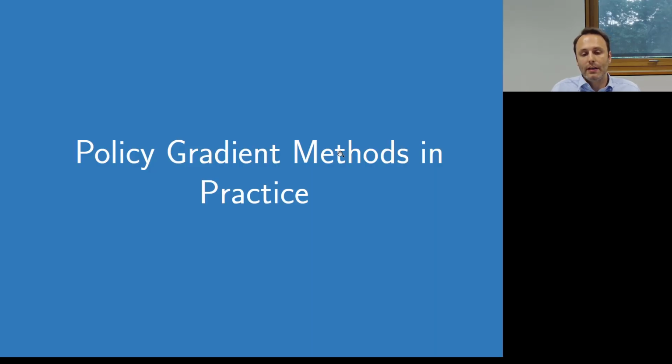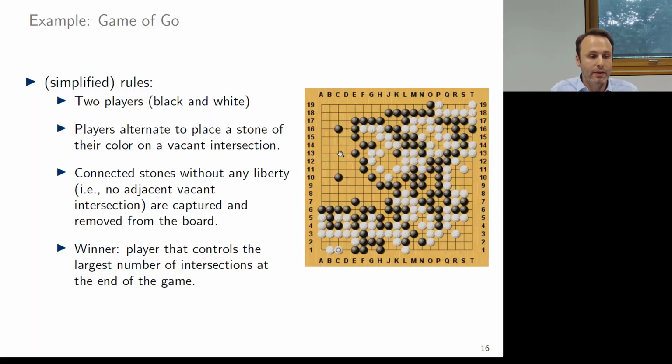Now, policy gradient methods are still heavily used in practice even today, even if it's a quite old method. For example, in the game of Go, the rules are that you have two players, black and white, and they alternate with their turns, and each player places a stone on an intersection and then tries to capture some areas.